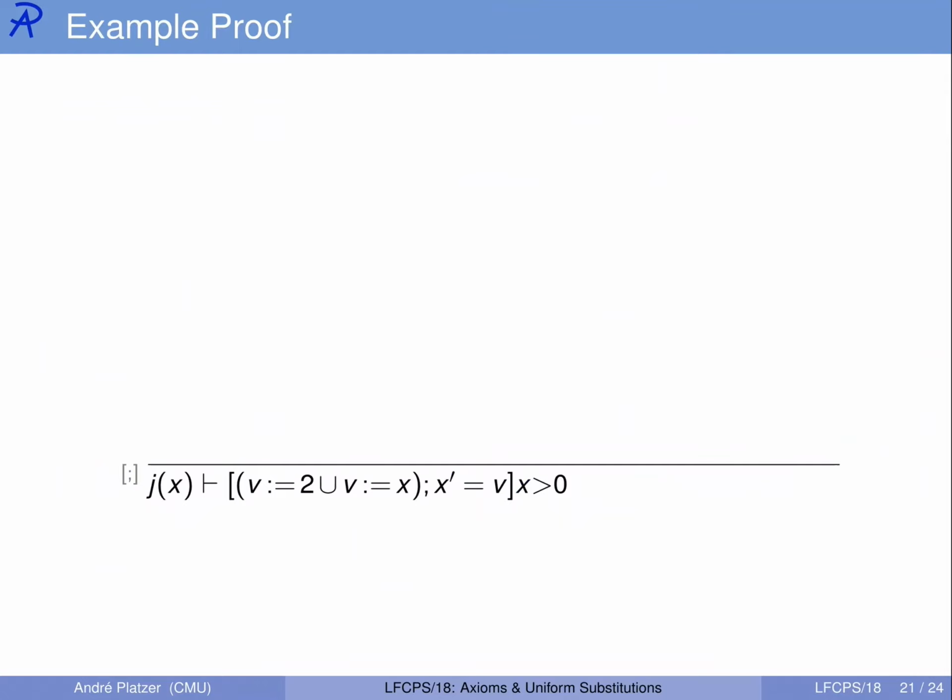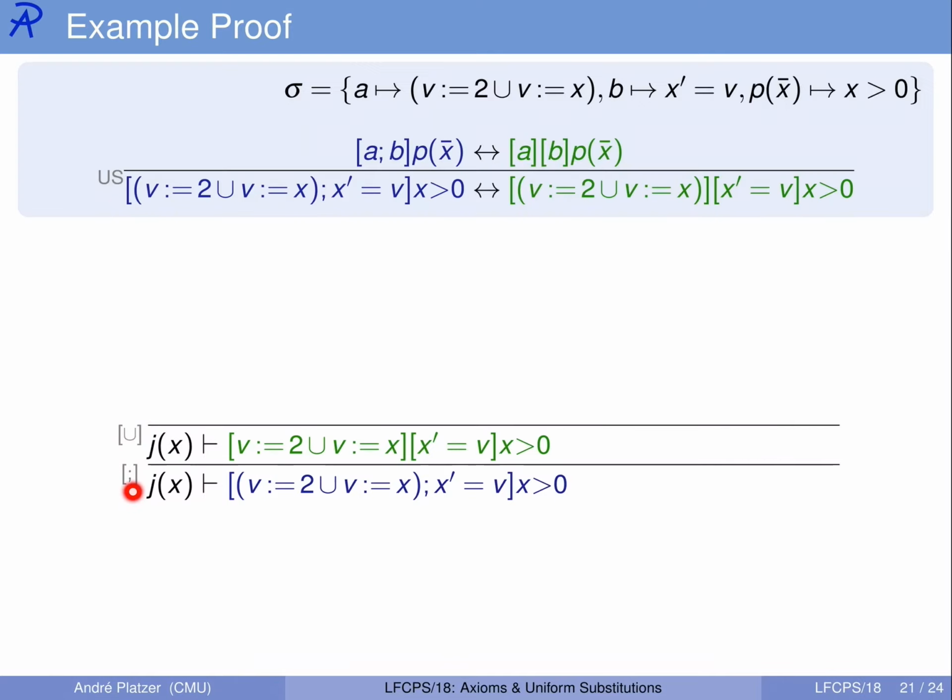Let's use it for some reasoning, for example. Here, to prove this formula, when we say that this is proved by the sequential composition axiom, of course what we really mean is that out of the sequential composition axiom a uniform substitution can instantiate the concrete instance that we need, which says that the blue formula that we need down there is equivalent to the green formula we get over there.